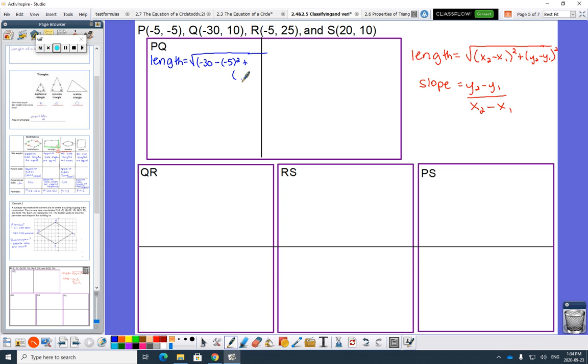Sorry, I'm switching. So negative 30 plus 5, negative 25.